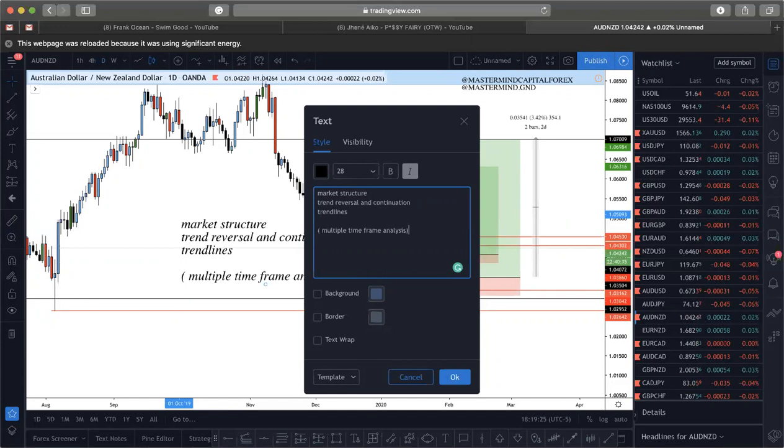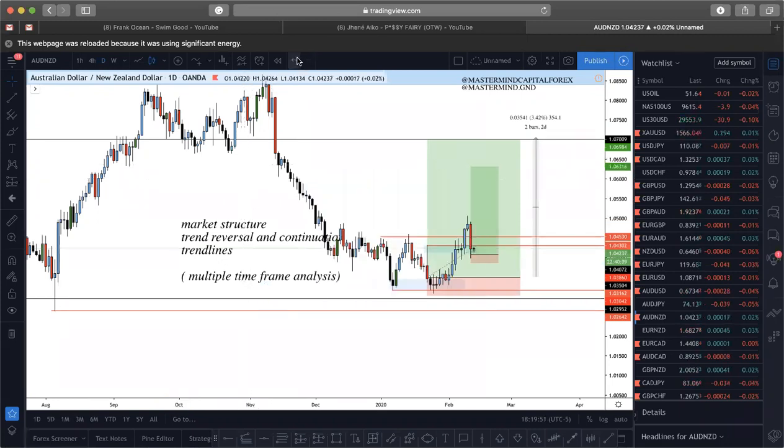And with all those topics, we have to be able to use them and identify them with multiple time frame analysis. So basically, we have to be able to identify all these topics on every time frame, right?